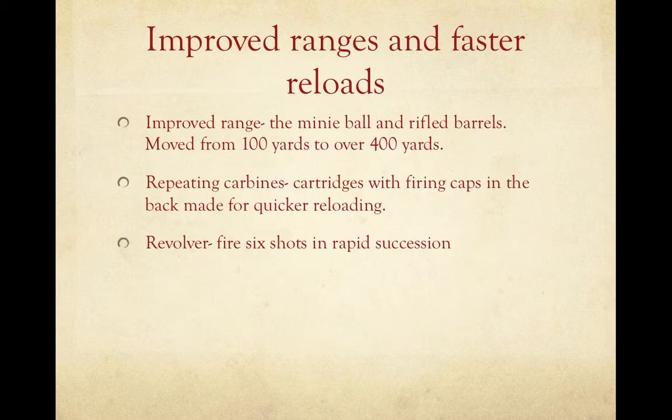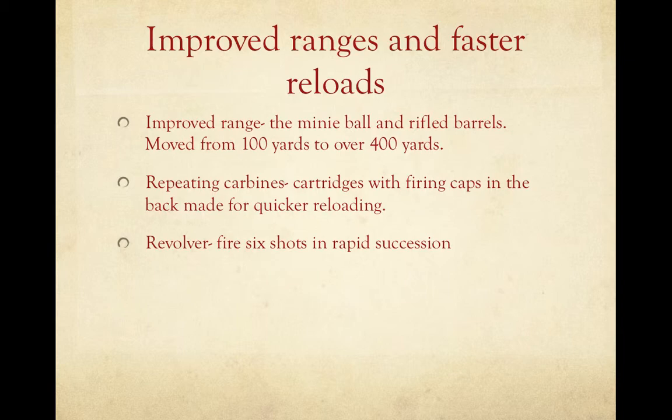Furthermore, the weapons of the time also started to rifle the barrels. Basically, there were grooves in the barrel that caused the mini ball to spin as it is fired. If you ever observe somebody who's really good at throwing a football, it takes some technique, because you don't just chuck the ball in the air. You kind of make a downward snapping motion. You try to keep your wrist locked, and you try to throw it with a spiral.